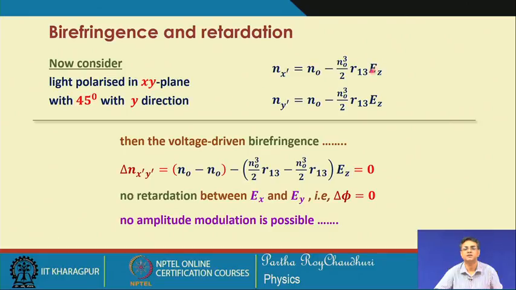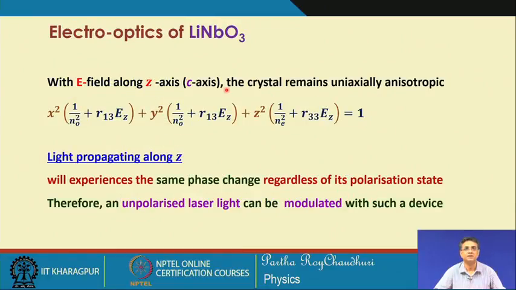In that case, this is independent of the direction of polarization, these values n x dash and n y dash, because whatever might be the direction, the component in the x direction will see this refractive index. Mind that this x dash and x are the same. Let us take x dash, and you see there is no rotation.